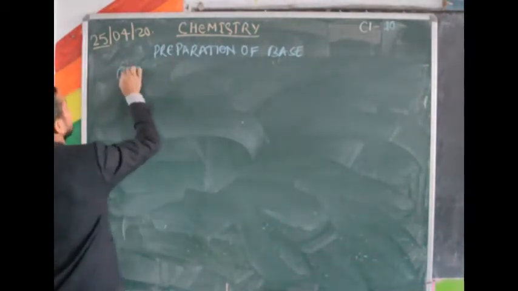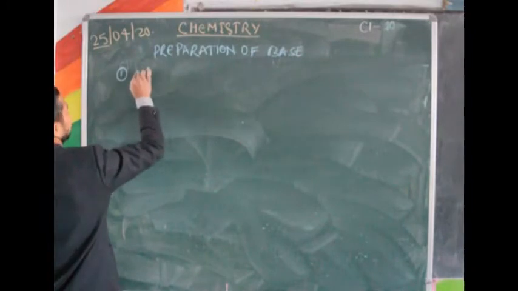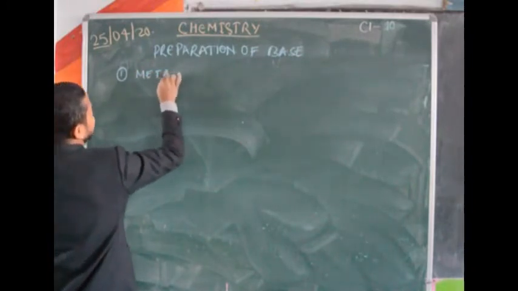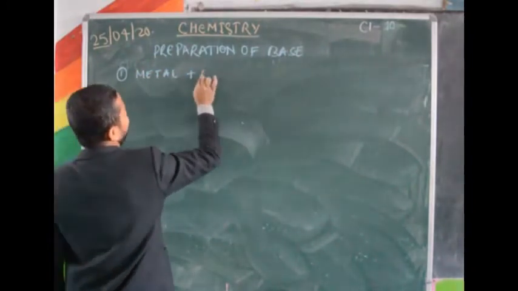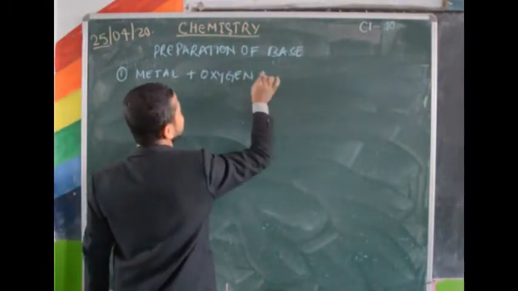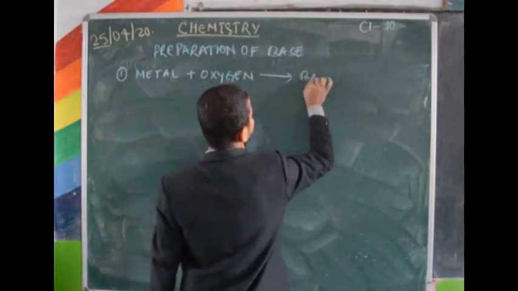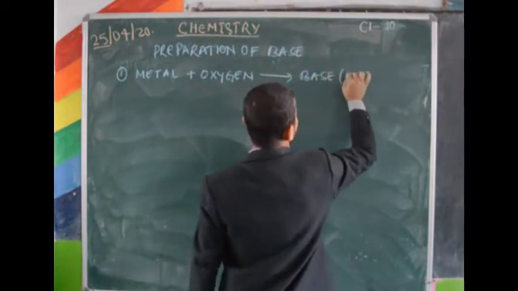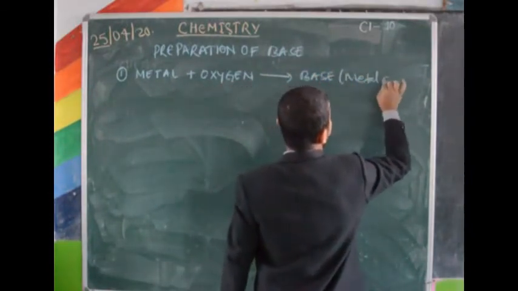Number 1, by metals. For example, metal plus oxygen gives a base, that is, a metal oxide.